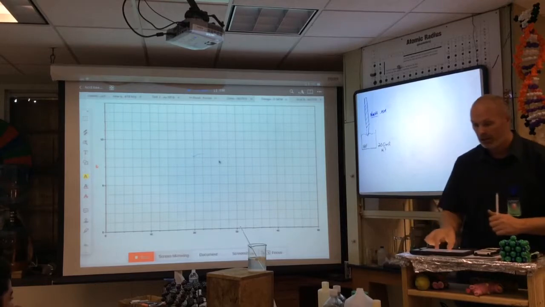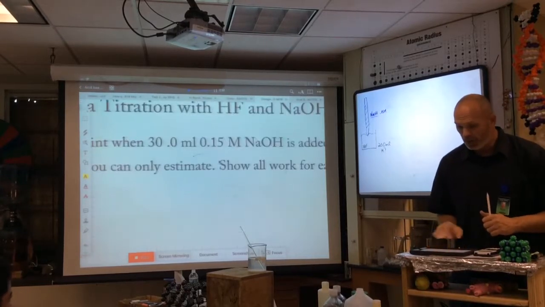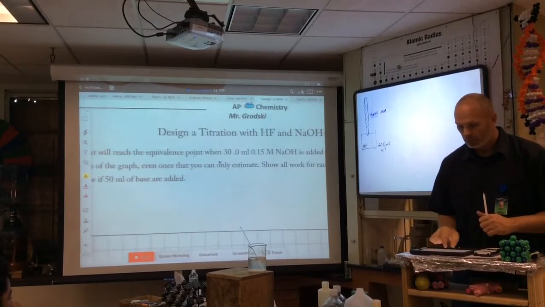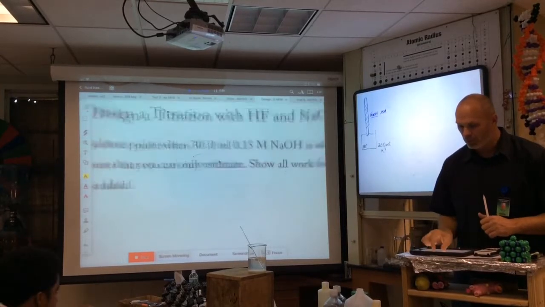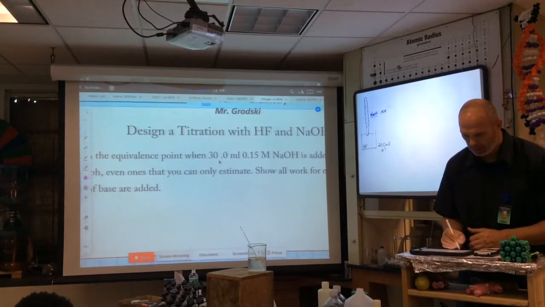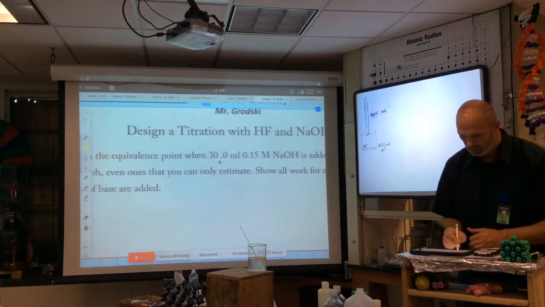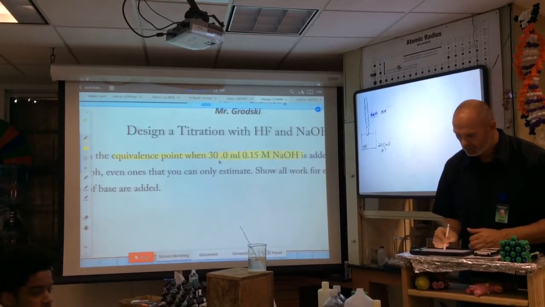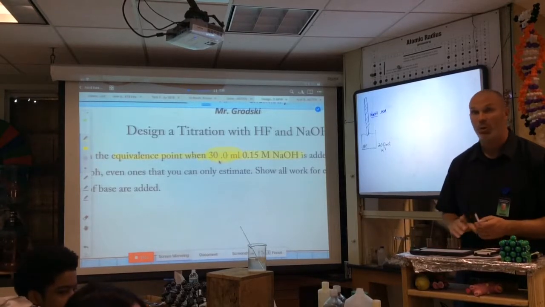They said that 30 milliliters of the 0.15 molar would reach the equivalence point. That's really important right there. So I'm going to highlight that. So I know 30 milliliters got me to the equivalence volume.